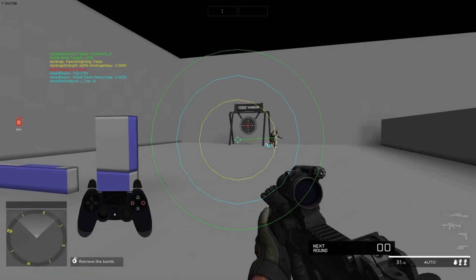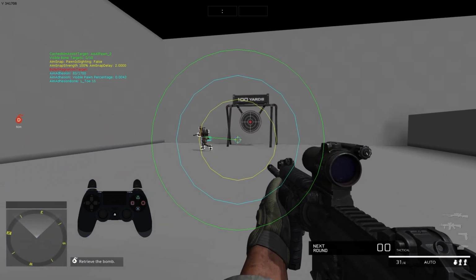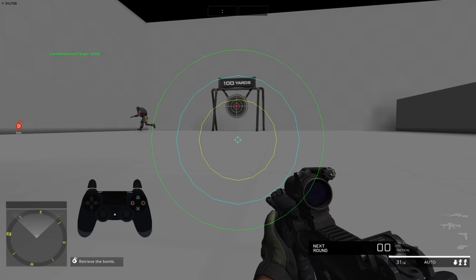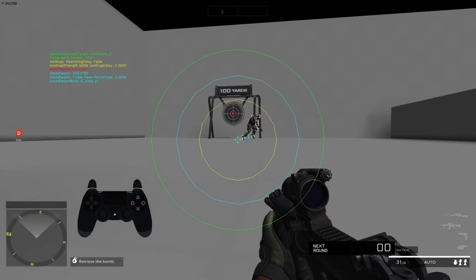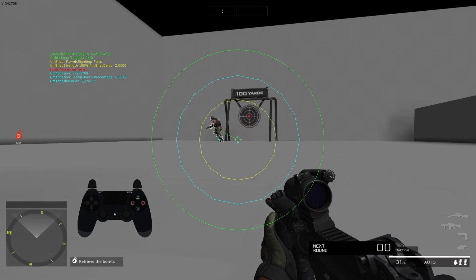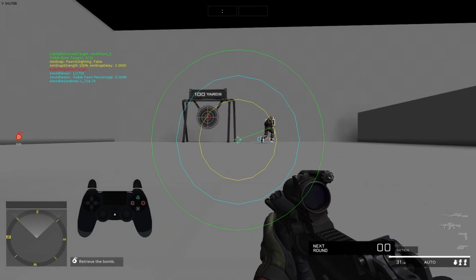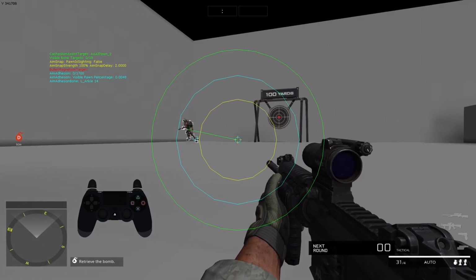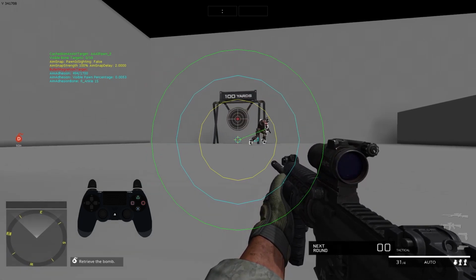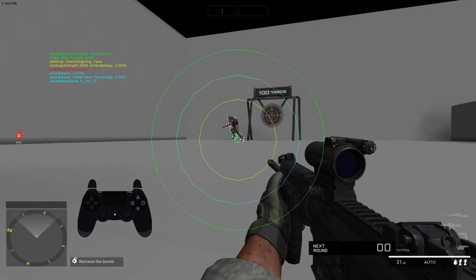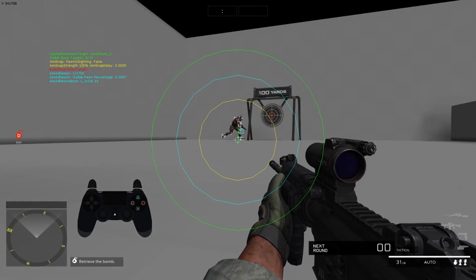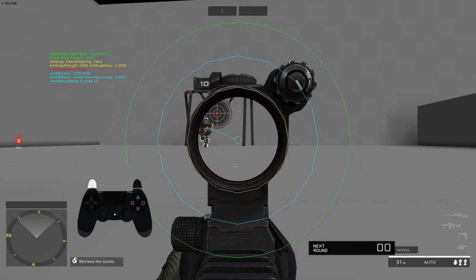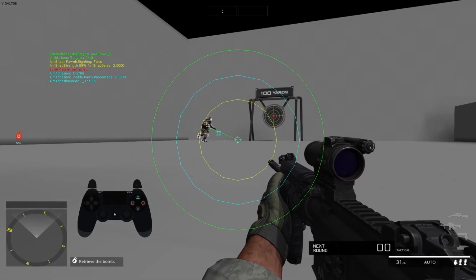Alright, now let me go through this floating box a little bit more. So a lot of the reason behind the floating box implementation is this pawn back here. So you can see it kind of floats around in a little bit of a strange way, and the reasoning behind that was we do have a lot of situations in the game where you can go prone and look under an object and shoot at people's feet. And I really don't want to lose that experience with the aim assist.